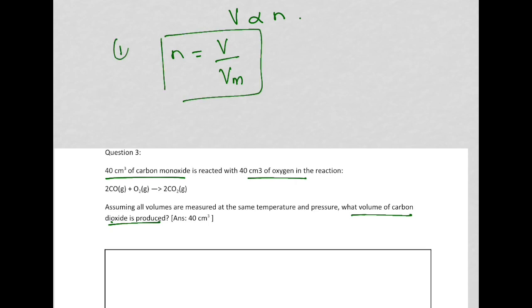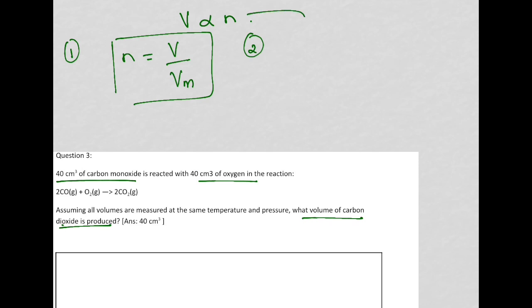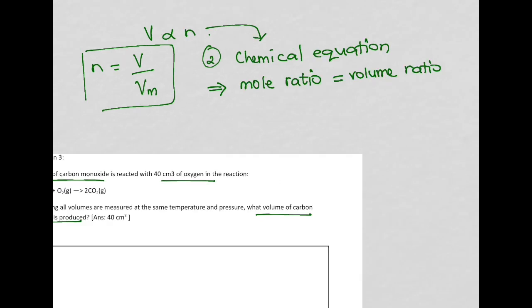The second thing that we are going to see here is that because volume and number of moles are directly proportional, whenever you have a chemical equation, you can use volume ratio just as you would use mole ratio because they are directly proportional, right?